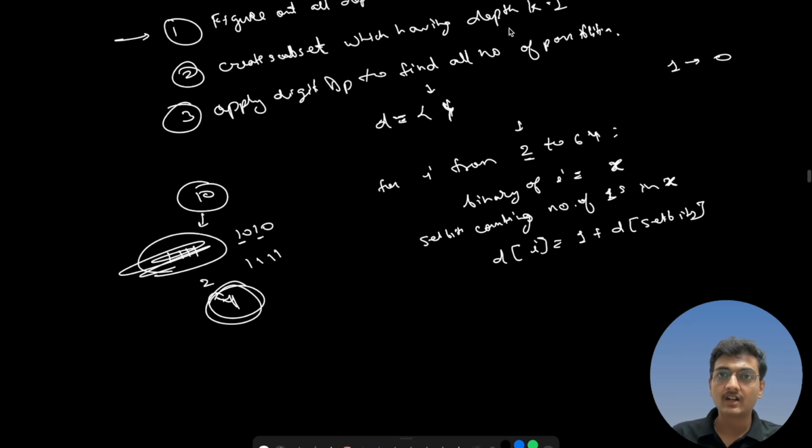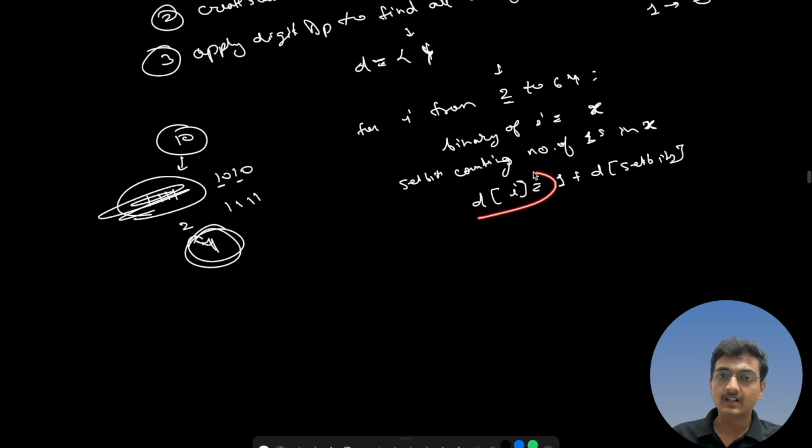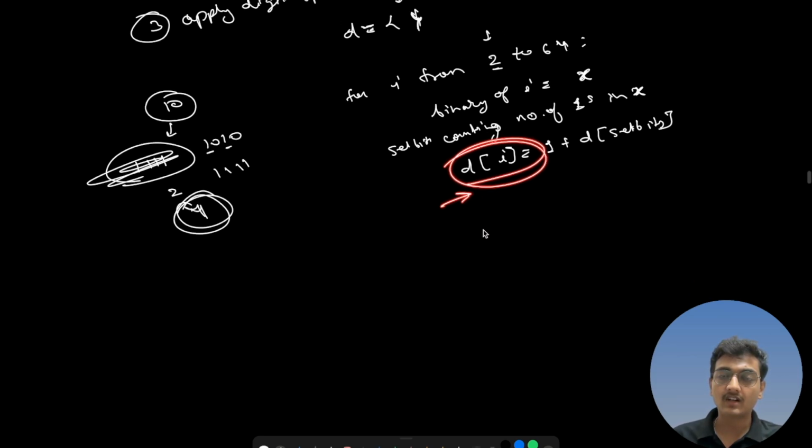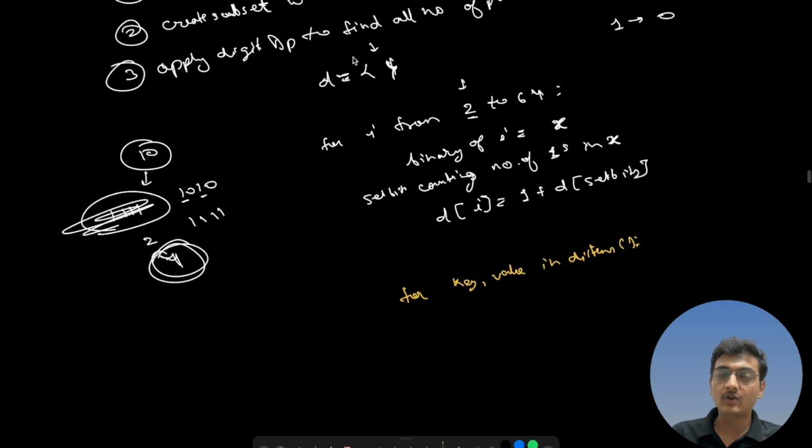Now I have to figure out how many numbers have depth k minus 1. I can either do it while calculating, or otherwise I can iterate over this dictionary, with key, value in d.items(). This is something like Python pseudocode, but what we'll be doing is iterating over the key and value.